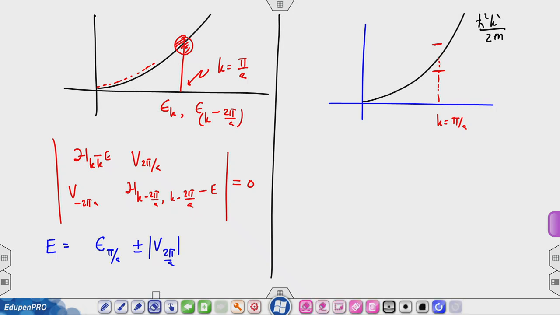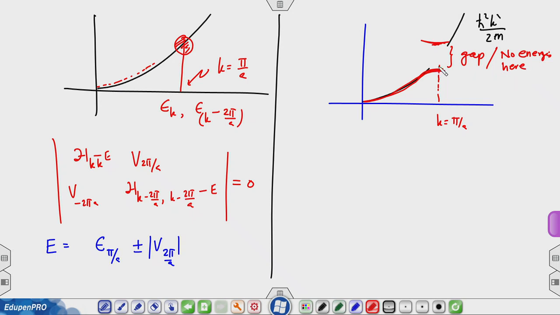So, I am going to erase this, and what you get instead is something like this out here and then the energy out here. There is a gap, no energies here, no eigenenergies.